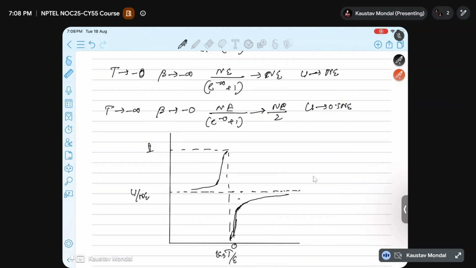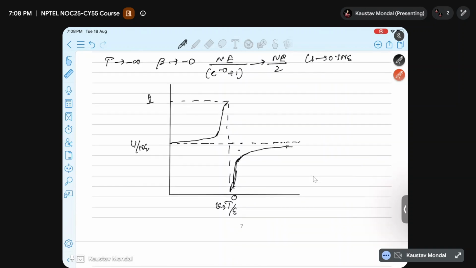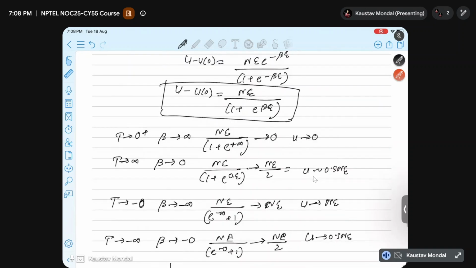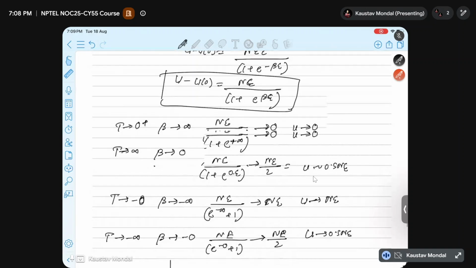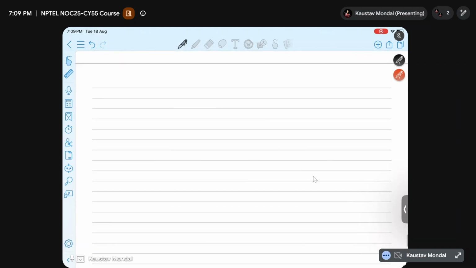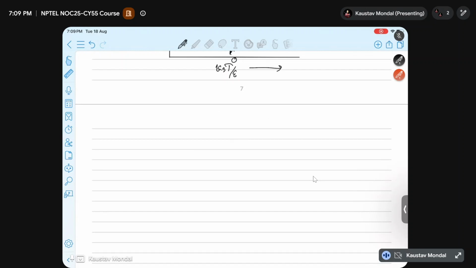So it will move like this. This is the 0.5 mark, this is the 1 mark, and this is the temperature scale. So this is how the profile of the internal energy looks for a two-level system, for different sets of temperatures.